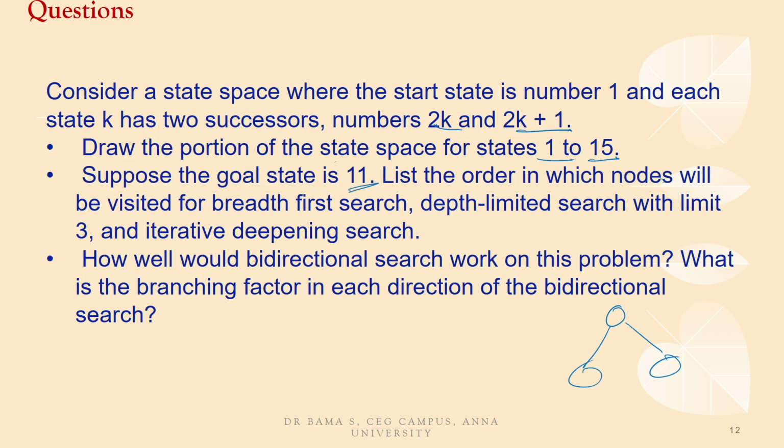Suppose the goal state is 11, what will be the order in which we traverse through BFS, depth limited with limit 3, and iterative deepening search? The third question is, how will bidirectional search work on this problem, and what would be the branching factor in each direction? Attempt this question, we will discuss the answer in the next class.